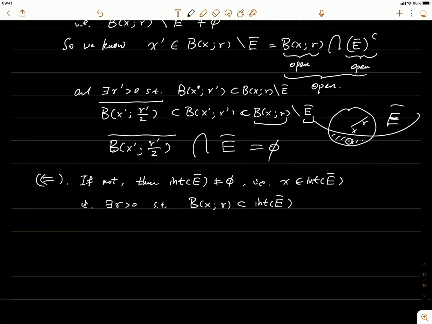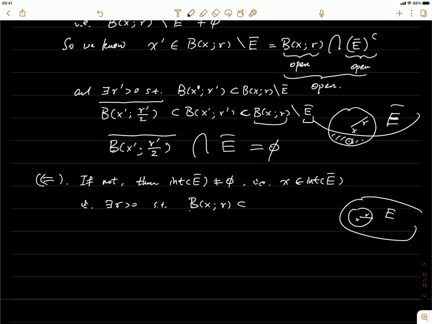Well, in this case, if you look at any ball inside this ball, because this ball with center x and the radius r is already inside the interior. Sorry, I should say this.